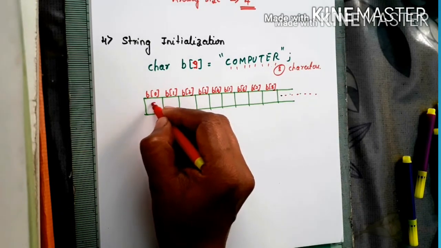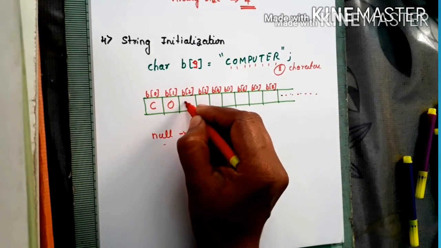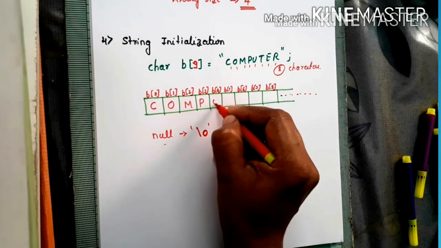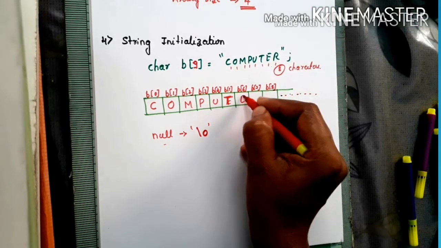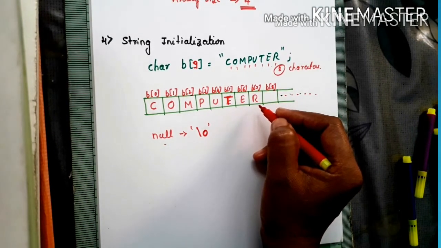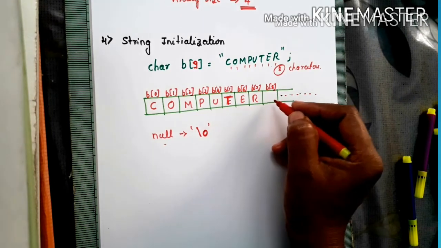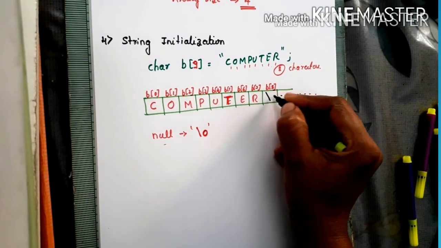That is, the first character C gets stored in B of 0, O in B of 1, and like that, all the characters of the word computer get stored in the character array B. And also, in a C program, the string always ends with the null character.